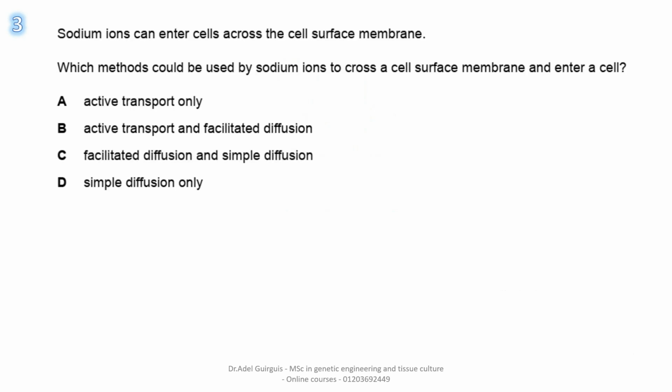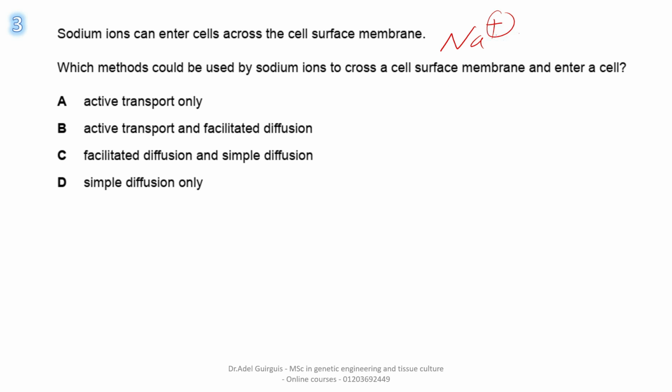Number 3. Sodium ions can enter cells across the cell surface membrane. Which methods could be used by sodium ions to cross the cell surface membrane and enter a cell? Sodium ions, Na+, are electrically charged, completely charged.